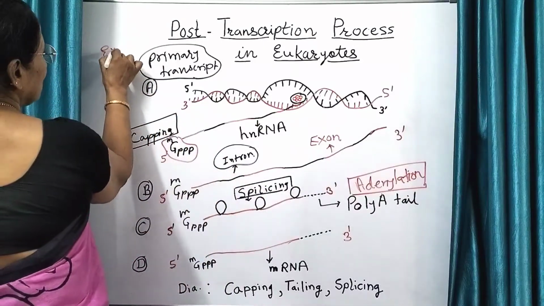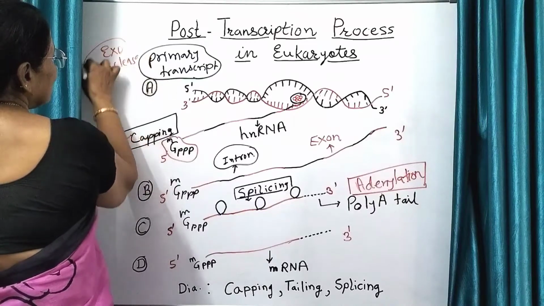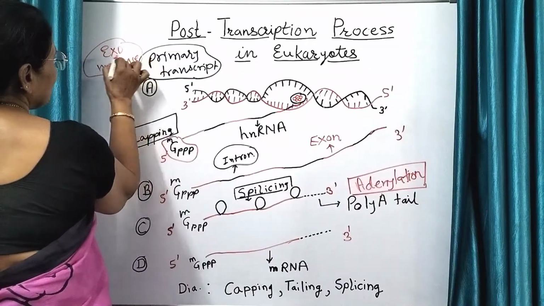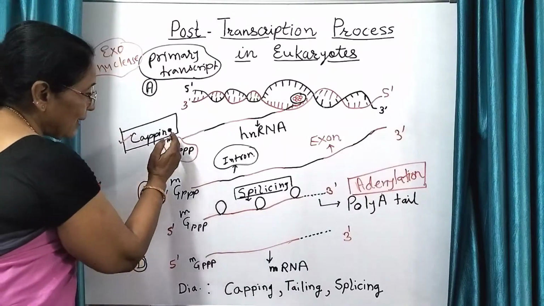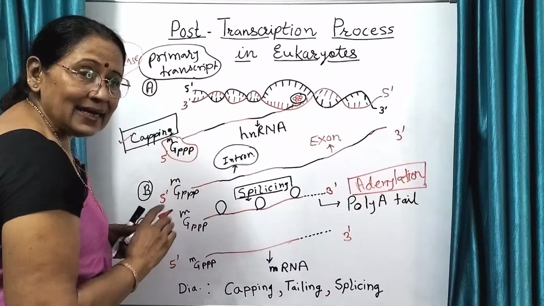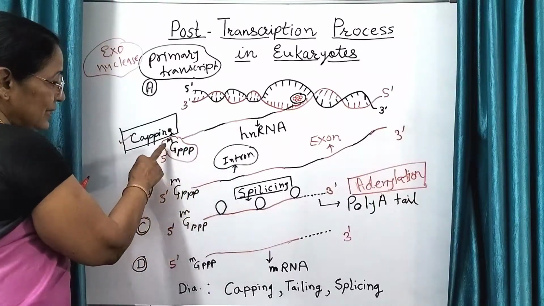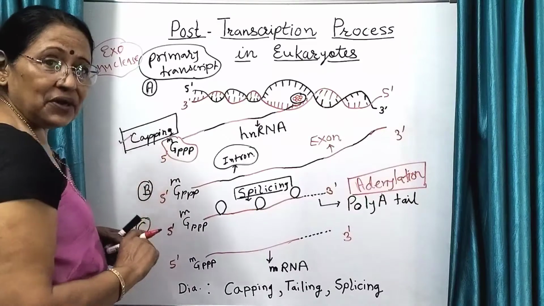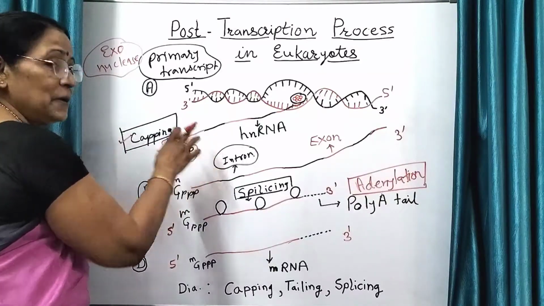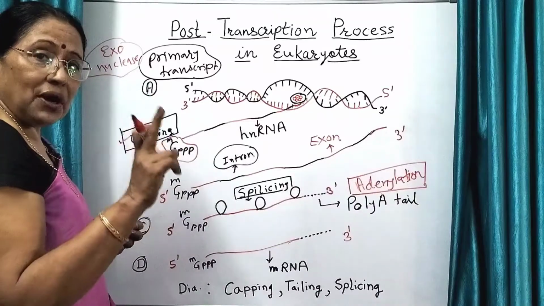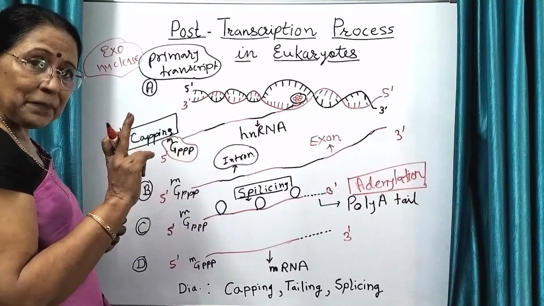Exonucleases cut the nucleic acid from the sides, not from the center. This methyl guanosine triphosphate protects this heterogeneous RNA from the action of the exonuclease. This is one function.